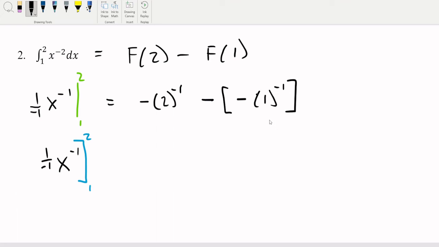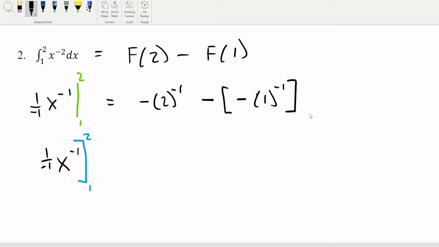One way you can do this every time and not worry about messing up is plug the 2 in, put a minus sign, put a big old bracket here, and then plug the 1 in. After that, you can start dealing with all of the negatives.